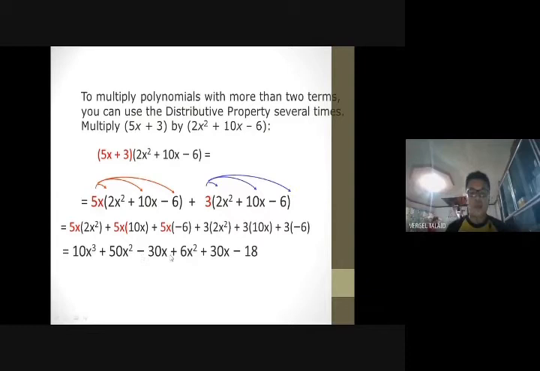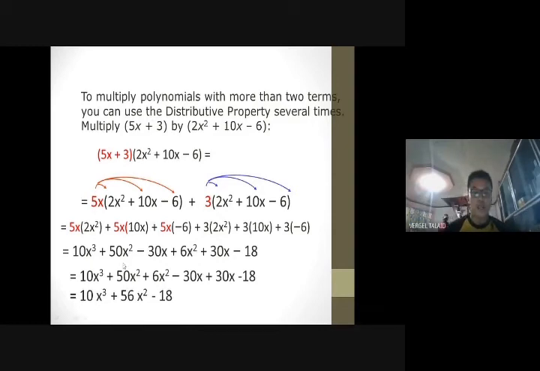So what have you noticed here? This time we have similar terms. 50x squared is similar to 6x squared. To collect similar terms, just copy 10x cubed, then 50x squared and 6x squared is 56x squared.